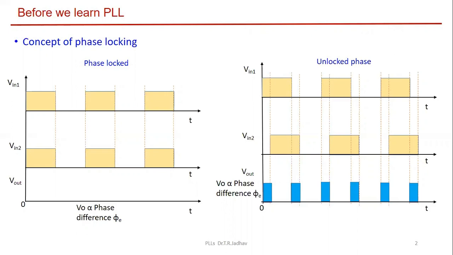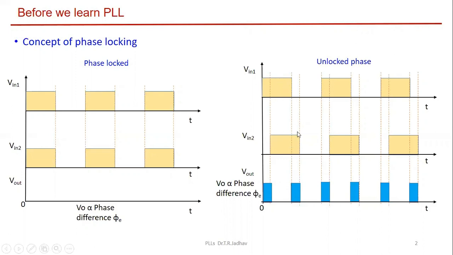Whereas in the case of unlocked phase, you find in the second picture that the second signal is delayed, shifted, and that's why there is a phase difference between the first signal and the second signal.